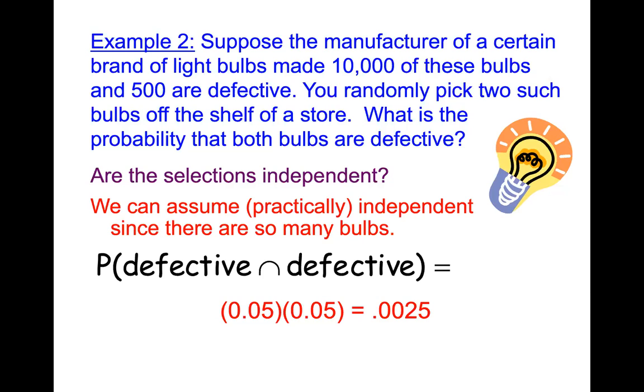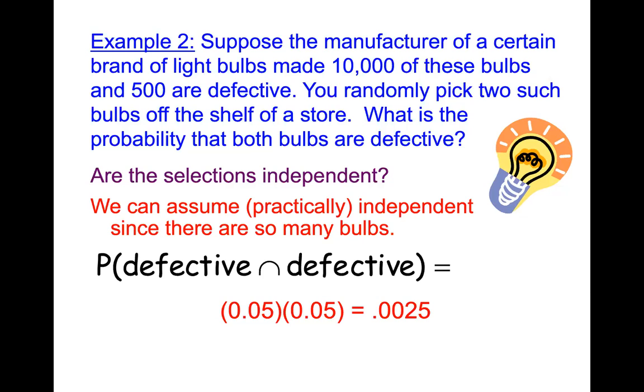All right, let me take a pause on our second example. Any questions? I'm kind of confused how to tell if it's independent. Yeah, so basically you just want to ask yourself, does my first pick affect my second pick? Does my first event affect my second event?